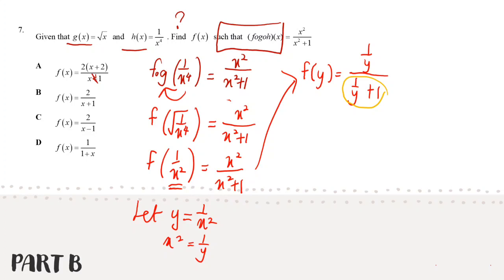So it becomes 1 over y over 1 plus y over y. Therefore, you may cancel y and y. So f(y) becomes 1 over 1 plus y.